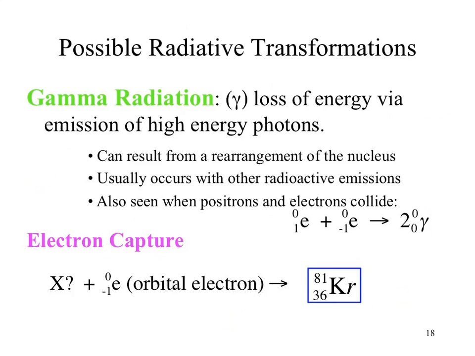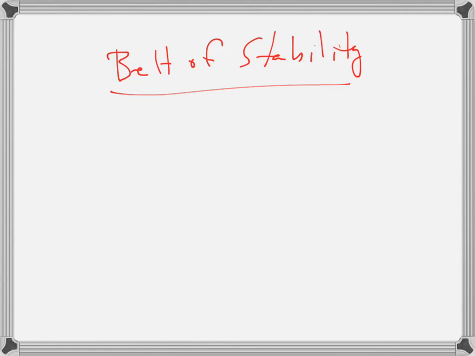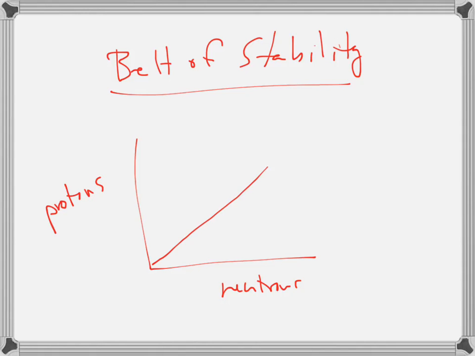actually I think I can draw this. And I'm undoubtedly going to plot this wrong, but if we look at our neutrons versus our protons, it's pretty much a one-for-one track.